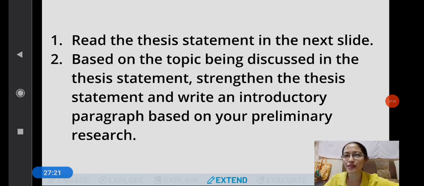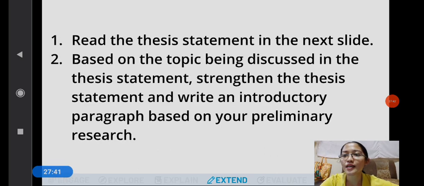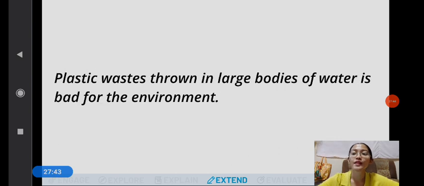Okay, read the thesis statement on the next slide. Then, based on the topic being discussed in the thesis statement, strengthen the thesis statement and write an introductory paragraph based on your preliminary research. Okay, now, you have to pass this activity as our essay assignment.